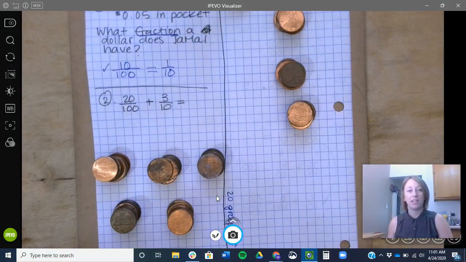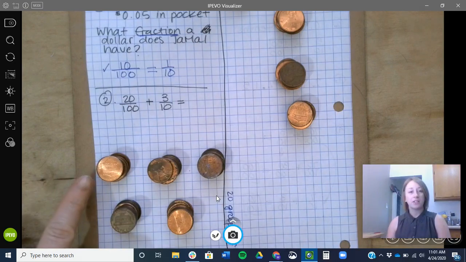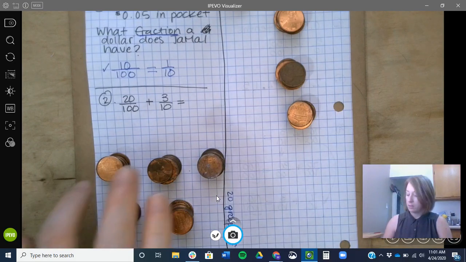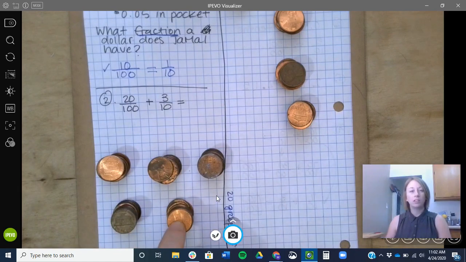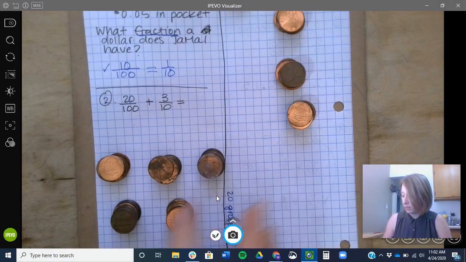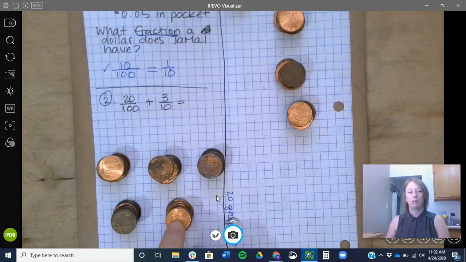I can now count the amount of pennies we have all together. These pennies are still in stacks of 10. 10, 20, 30, 40, 50. Let's go ahead and count it again and make sure that we didn't get tricked the first time. 10, 20, 30, 40, 50.